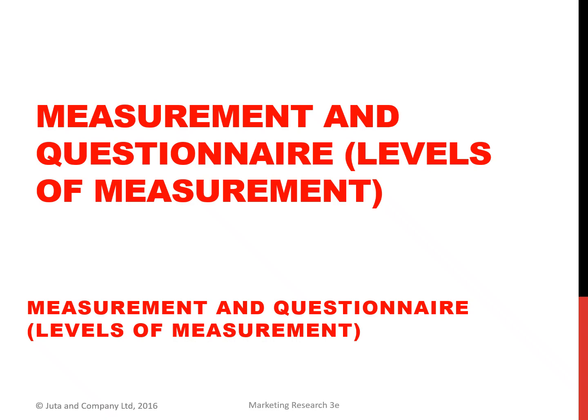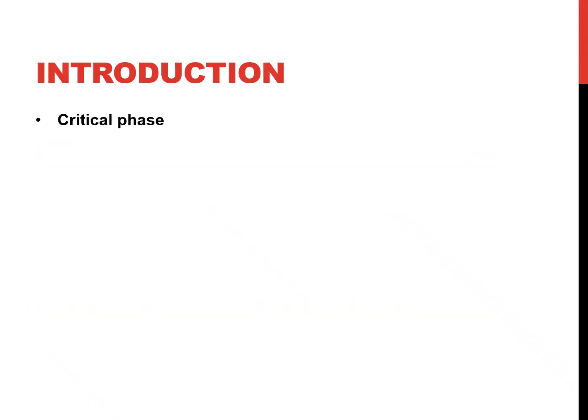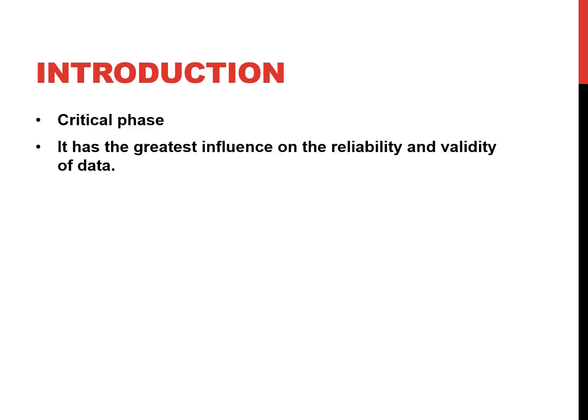Okay, we're going to start talking about measurement and questionnaires, specifically in this lecture, levels of measurement. Putting it simplistically, what we're trying to do is convert the answers into computer language.